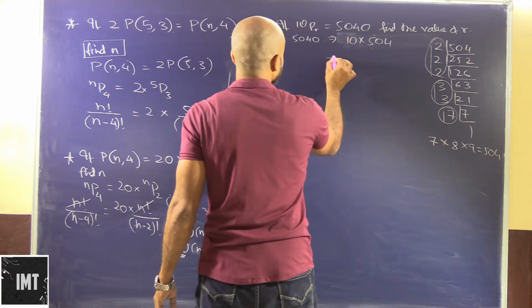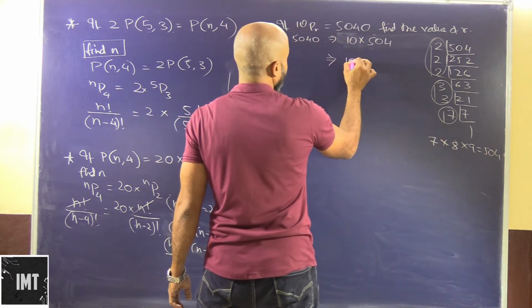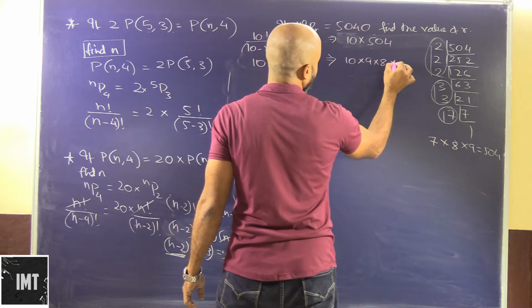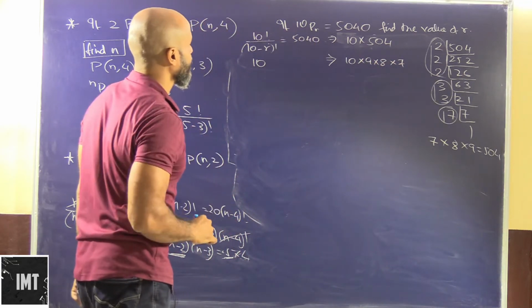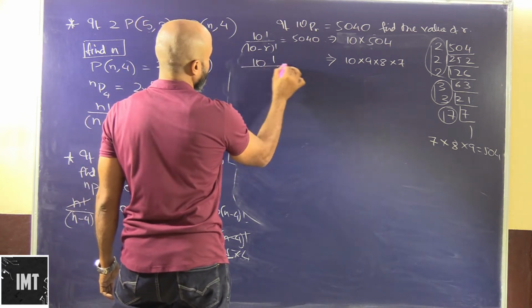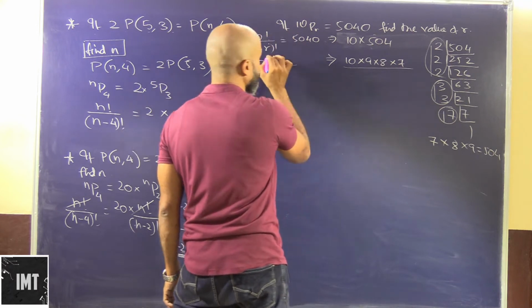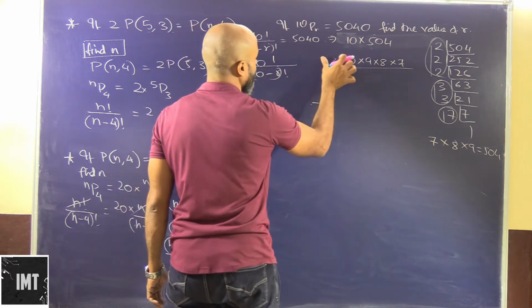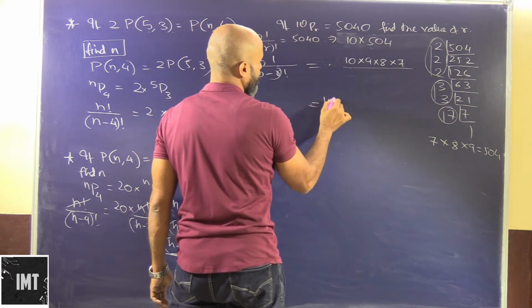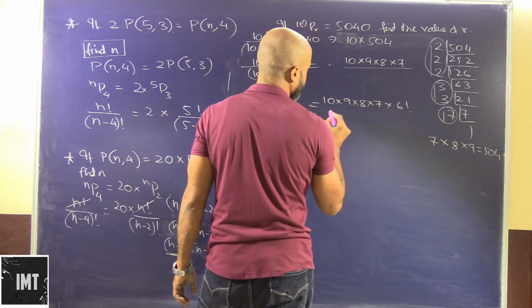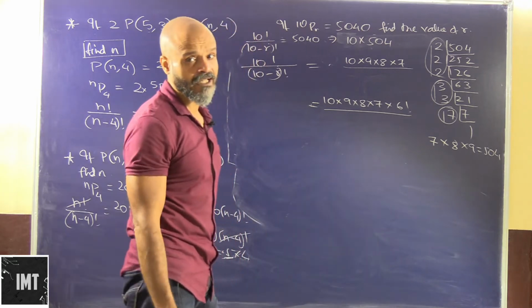So we can say this is 10, 9, 8 and 7, right? 10, 9, 8 and 7. So factorial 10 upon 10 minus r factorial is this. If I have to make this as factorial 10, what do I multiply this with? So this will be 10 into 9 into 8 into 7 into factorial 6, and that will completely make it factorial 10.